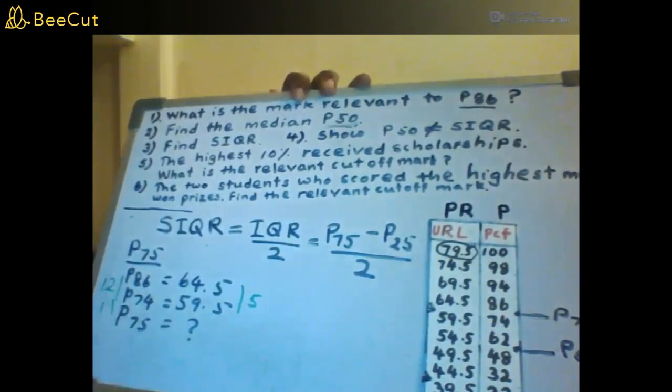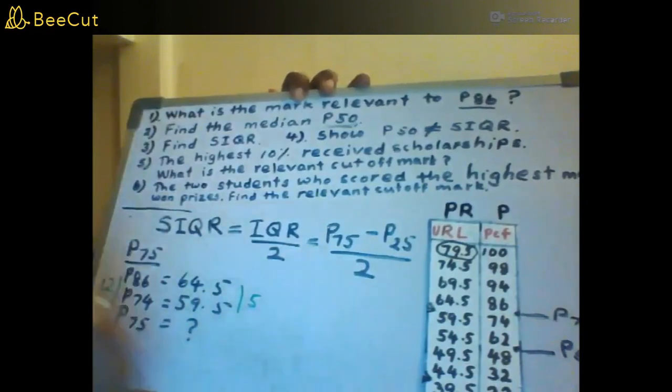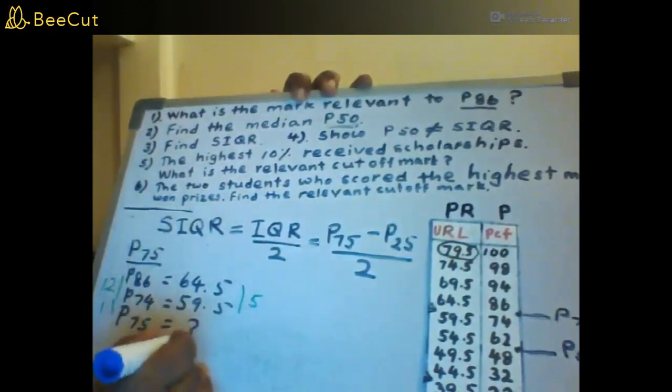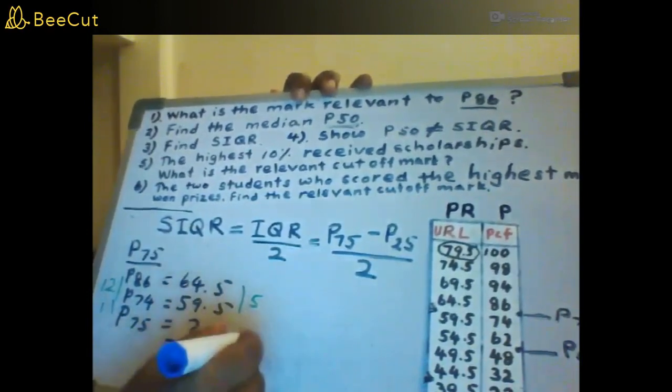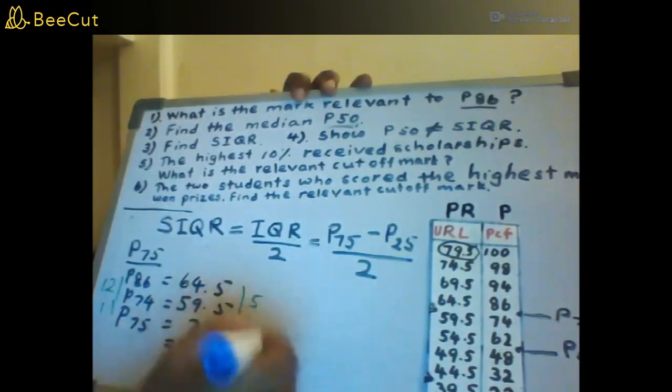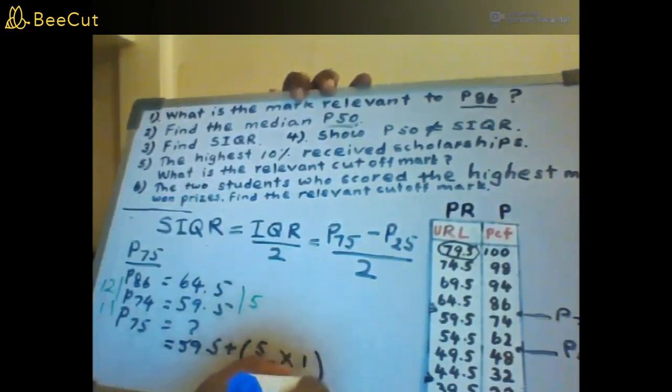Then you can do the calculation. So it's like this. 59.5 plus what? 5 divided by 12 into 1.